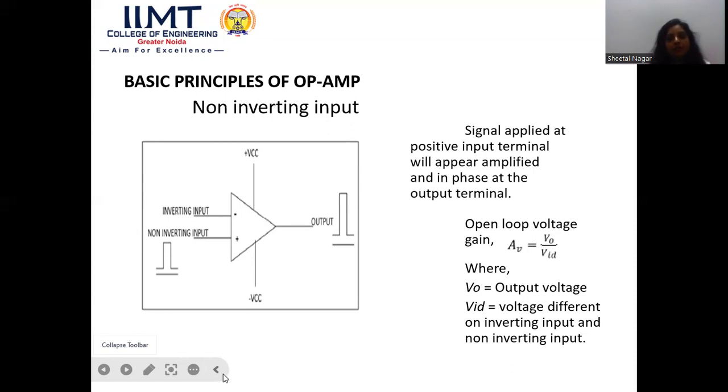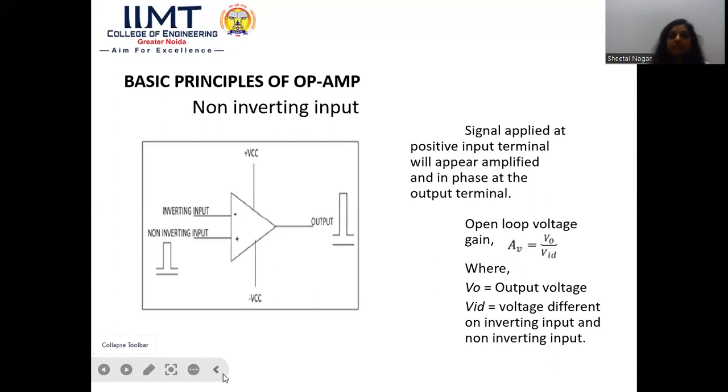Now, the open loop voltage gain of the operational amplifier is the ratio of the output voltage and the voltage difference between the inverting input and non-inverting input.